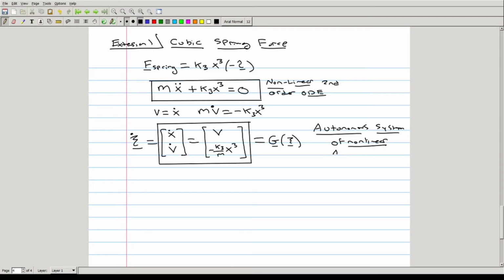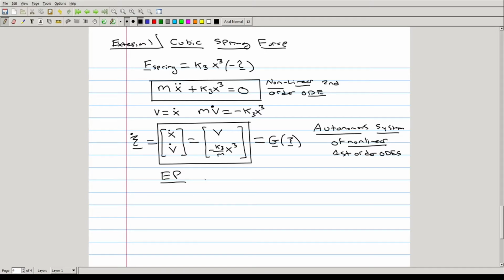Nonlinear first order ODEs. We still have equilibrium points that we can go through and calculate.